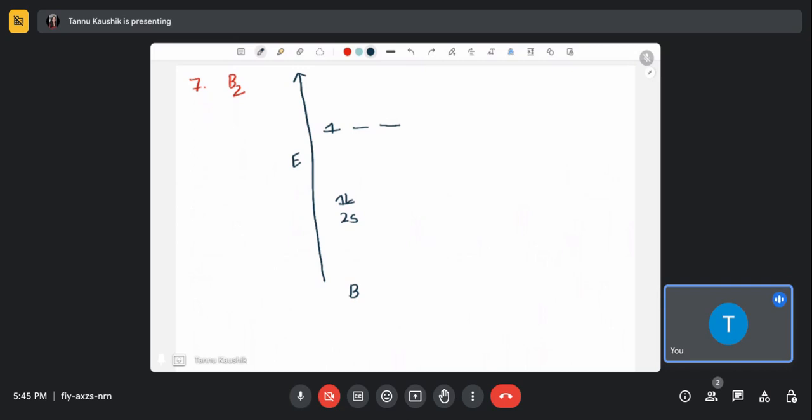So boron has electronic configuration of 1s2, 2s2, and 2p1.